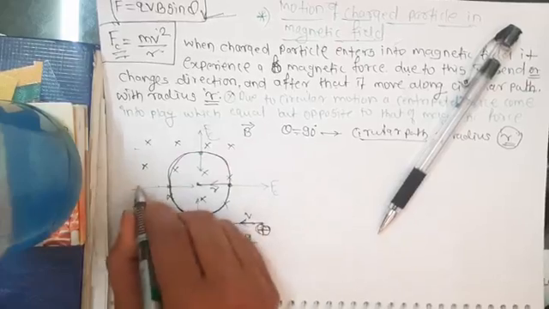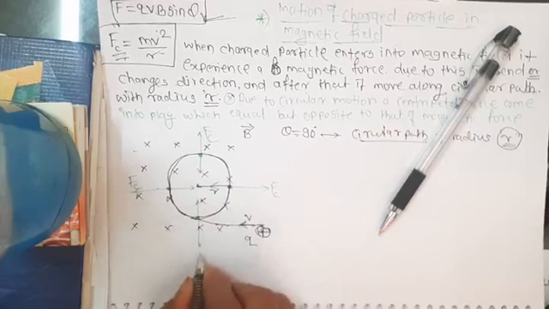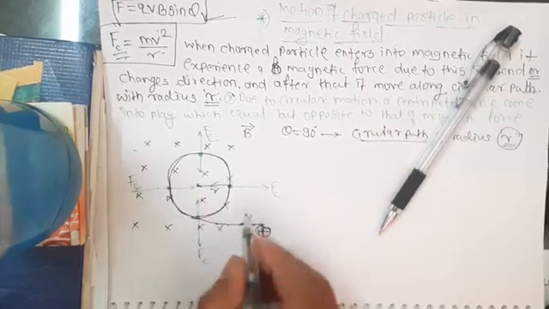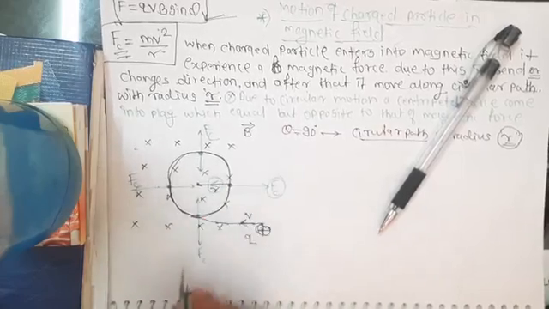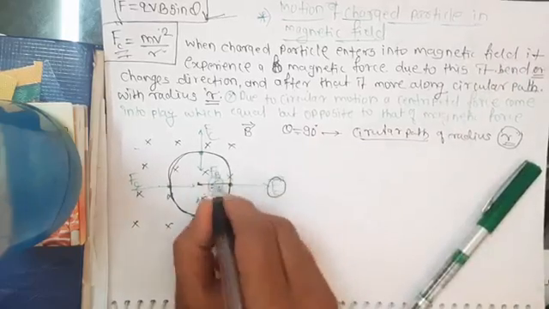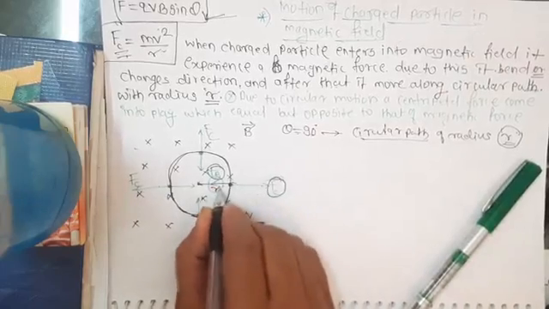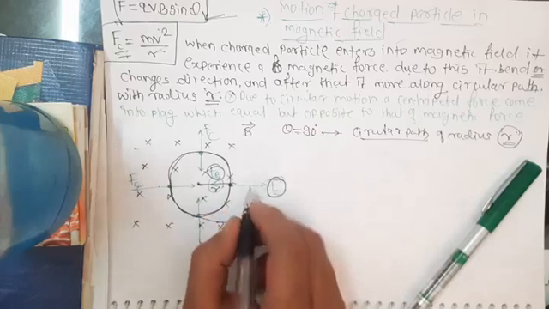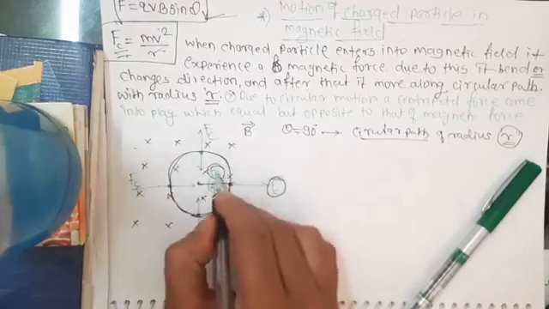You can see this centripetal force and this magnetic force, which I will call FB, are equal but opposite, and the centripetal force is responsible for keeping the object in circular orbit.